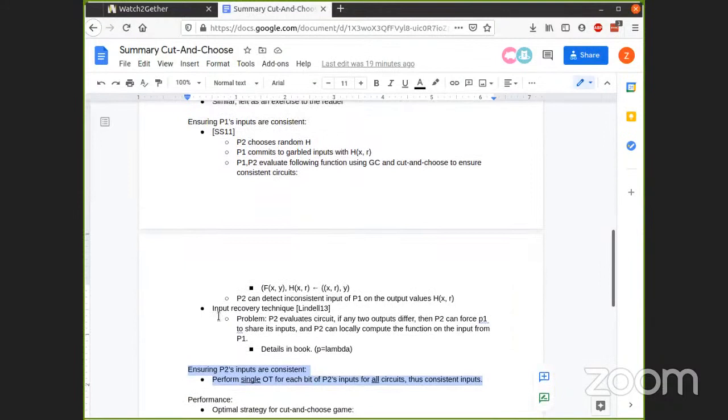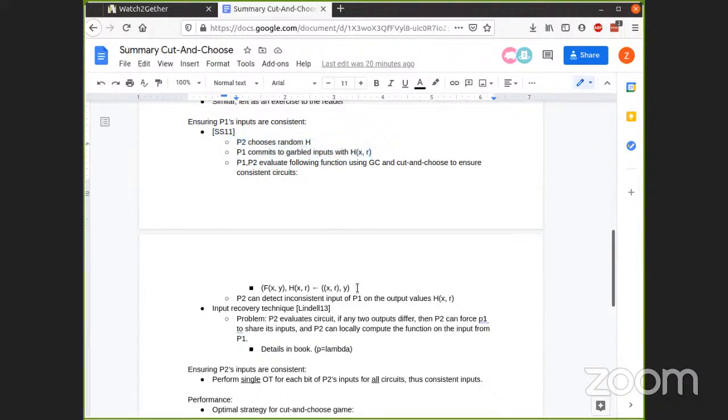How about P1 consistency? I guess some commitment thing should be done probably. Yeah, P1 is the tricky one. They had one example in the book where P1 has to commit to his inputs beforehand with a random 2-universal hash function H that P2 chooses.